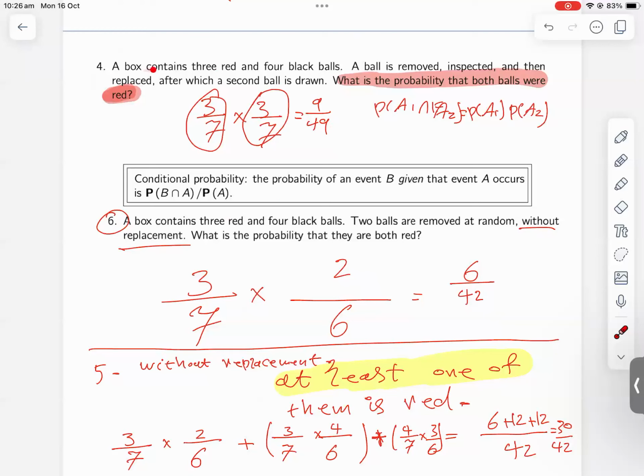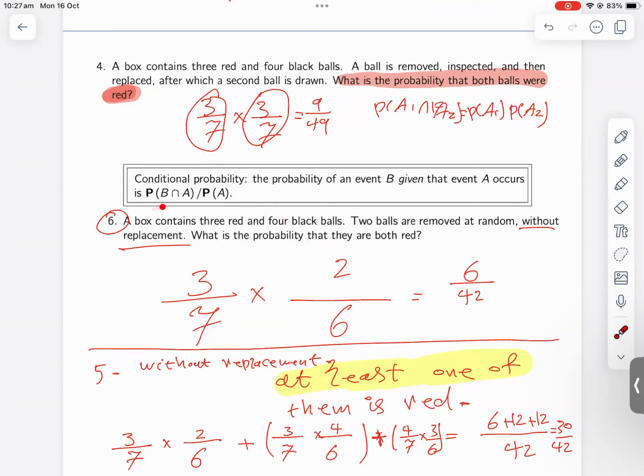Now, same question here. The box has 3 red, 4 black, but this time we don't put back, without replacement. So what is the probability that both of them are red? So 3 over 7, and this time we can't say 3 over 7 for the second. We have removed one of them.